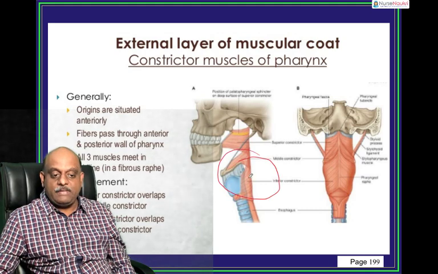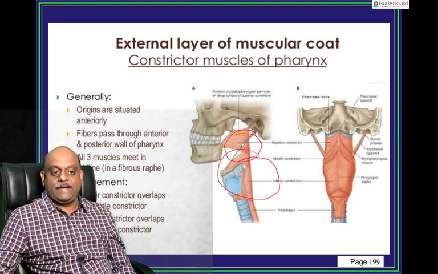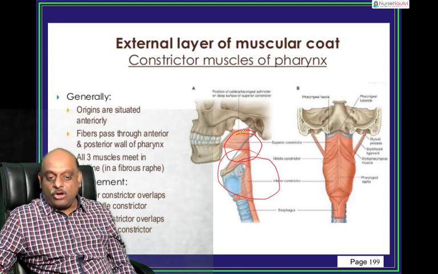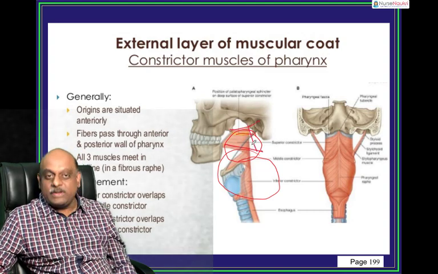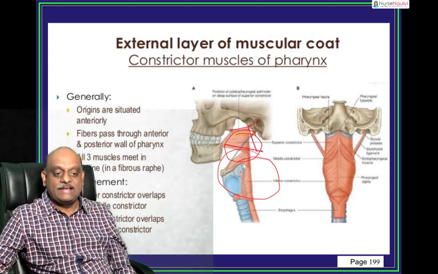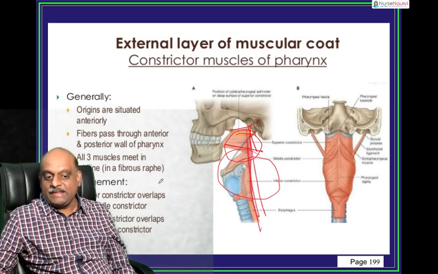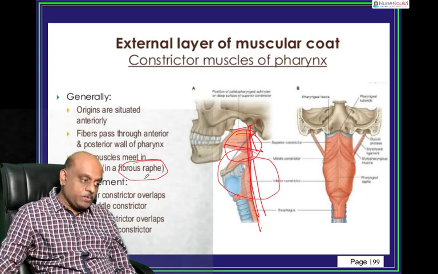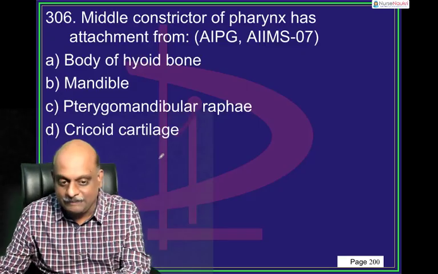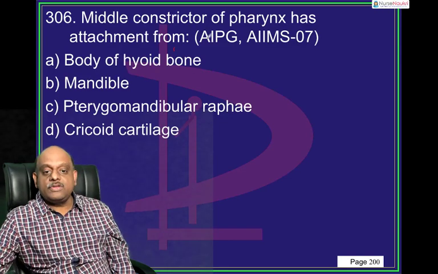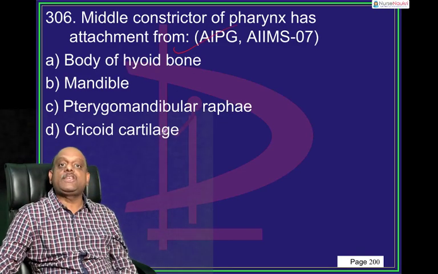Inferior overlaps the middle overlaps the superior, and all this will be fanning towards the posterior aspect, and all of them meet in the posterior aspect at the fibrous raphe, is what you have to ultimately remember. Now, the middle constrictor of the pharynx, it has an attachment to what?